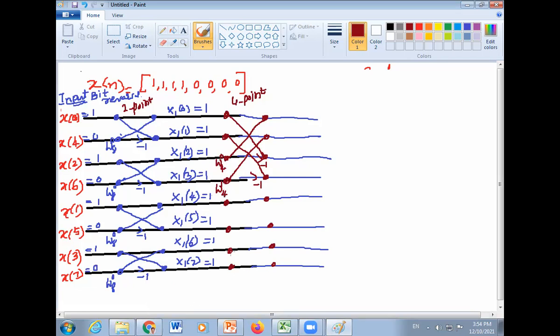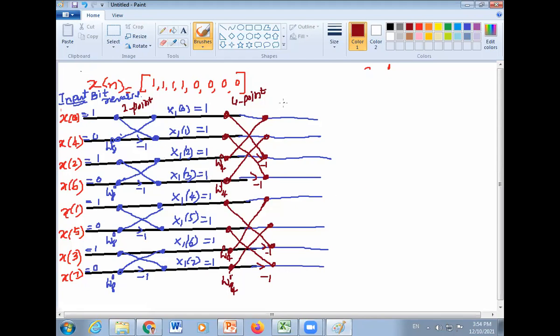Okay, and again let us club these points. This is -1 and this is -1, and again here W4 to the power 0 and W4 to the power 1.